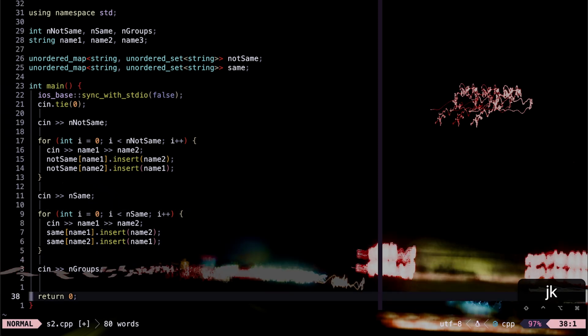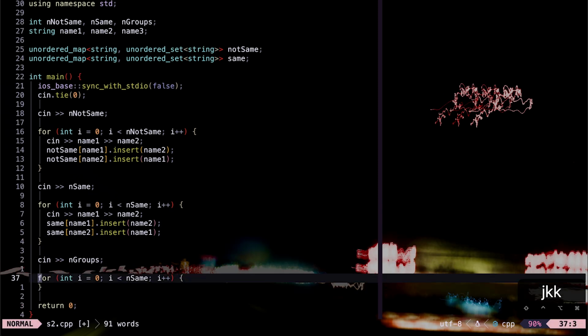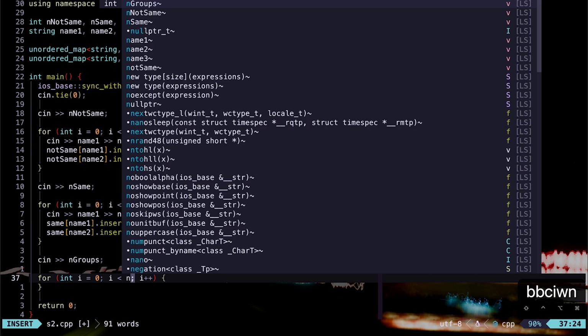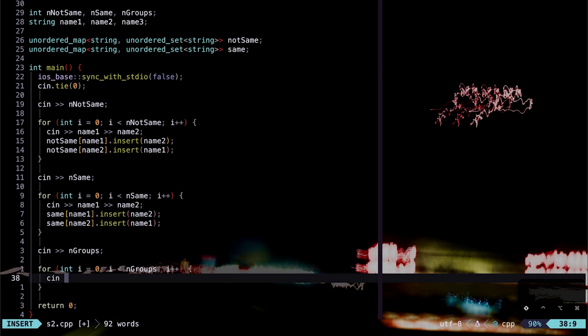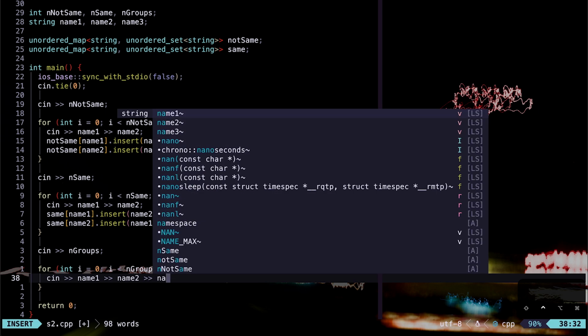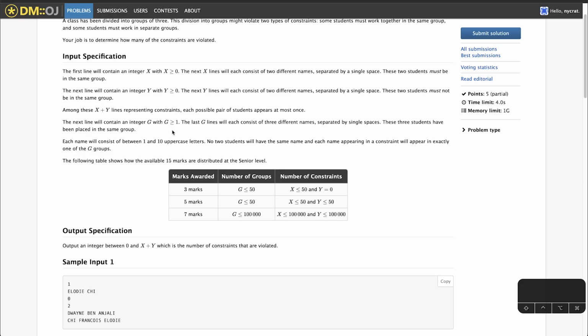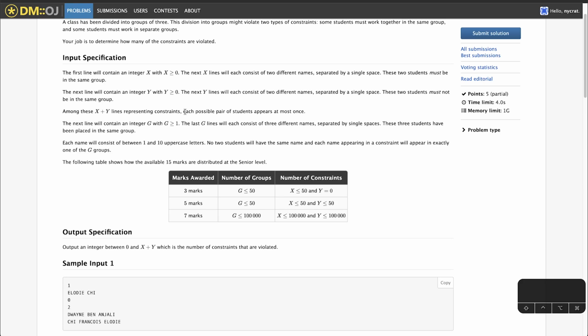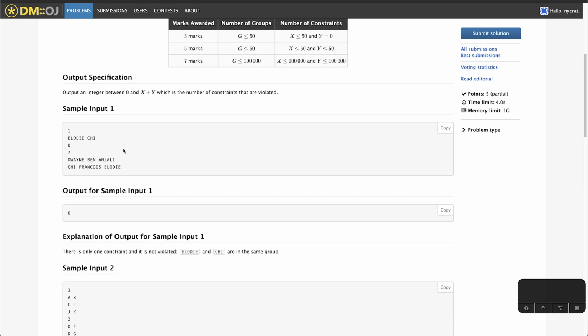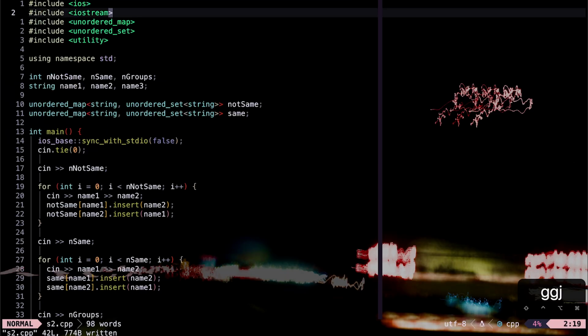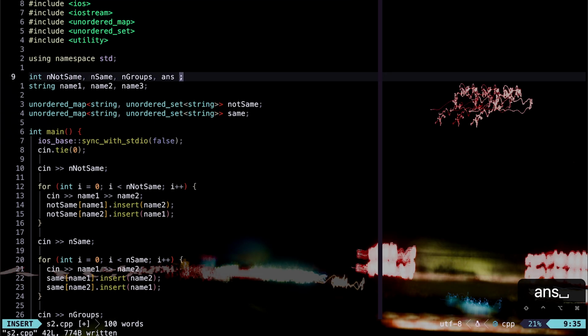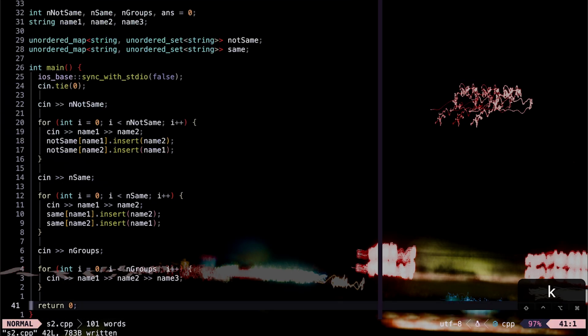For loop. Name 1, name 2, and name 3. Alright, let's see. So we have to have an answer. Should say equals 0.